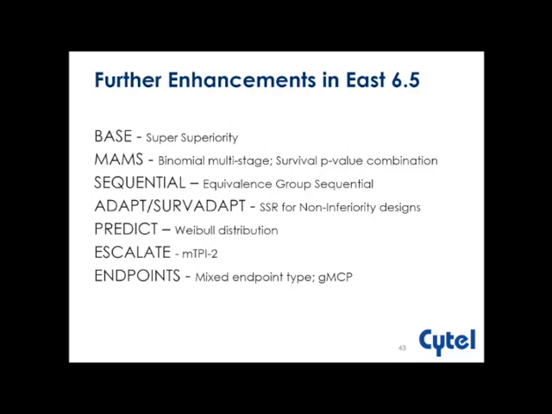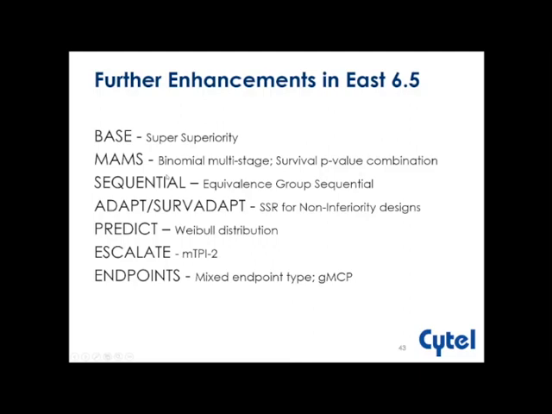In the base module, we're adding a superiority design, which is commonly used in vaccine trials. In the multi-arm, multi-stage module, we're going to be expanding different endpoints, so using a binomial endpoint, you can do the multi-stage group sequential, and with a survival endpoint, you can do a p-value combination. So filling in some of those gaps to make it much more flexible.